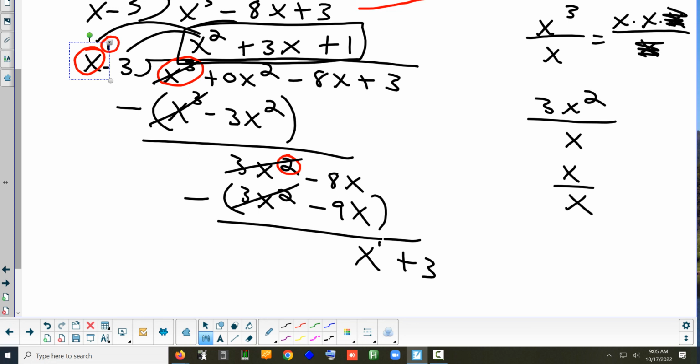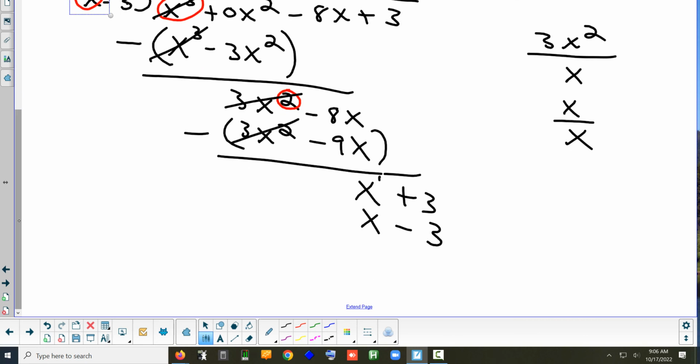And a lot of times the remainder is the most important thing, because we want to know whether or not the remainder is 0. So 1 times x gives me x. 1 times negative 3 gives me negative 3. And subtract.